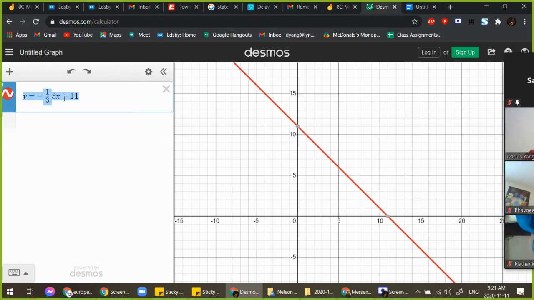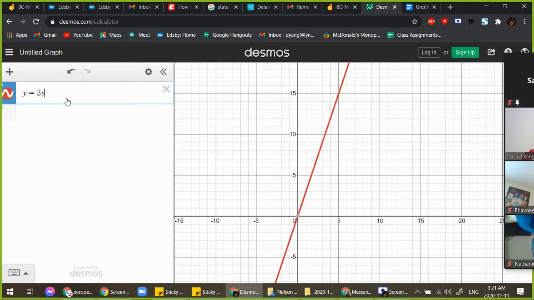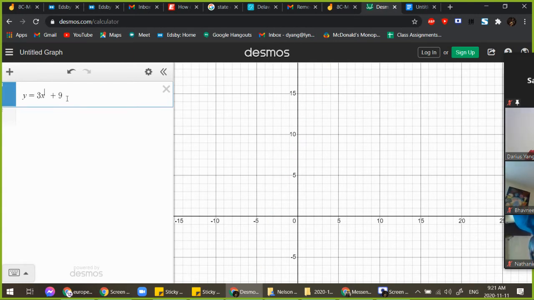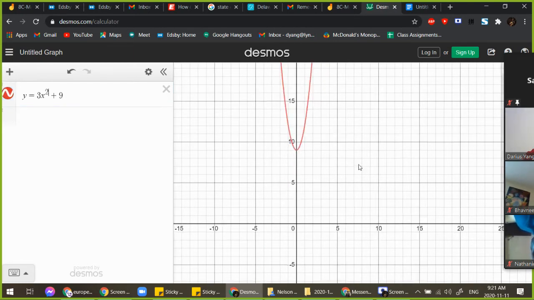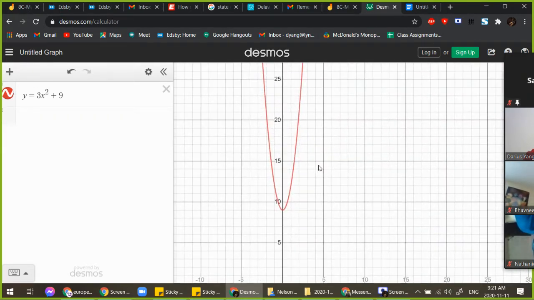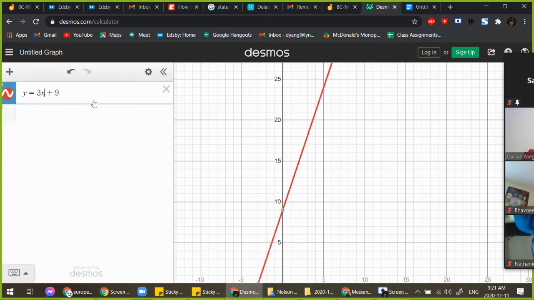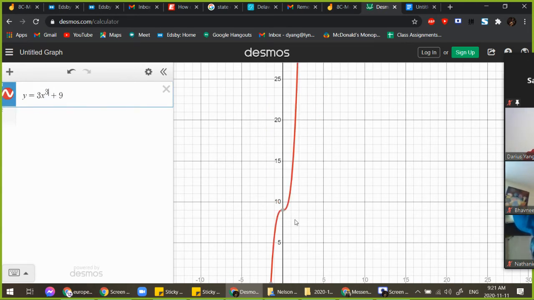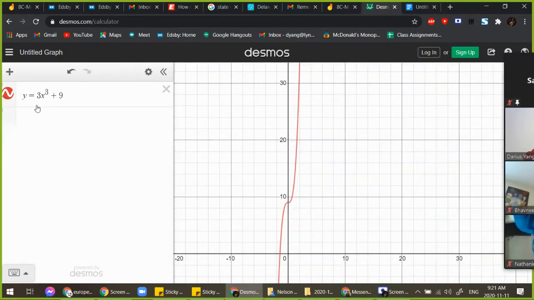Anyway, let's go back to y equals 3x plus 9. In the future, you're going to be learning quadratic equations, and you're going to learn how to draw parabolas like this, by the way. Not this year, in the future.